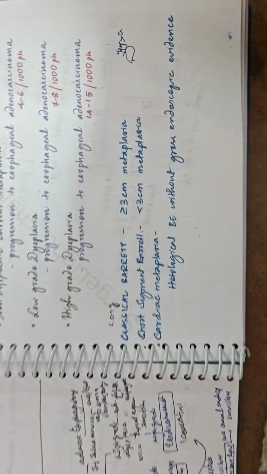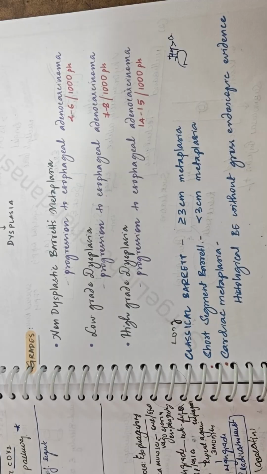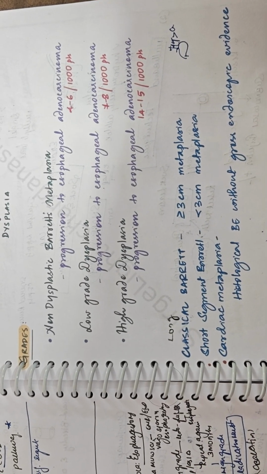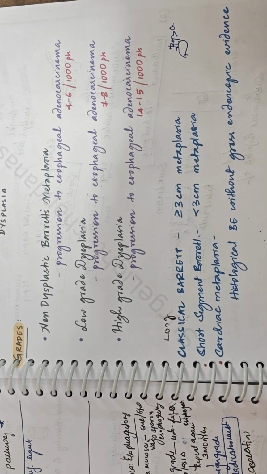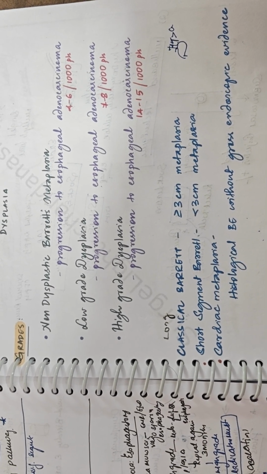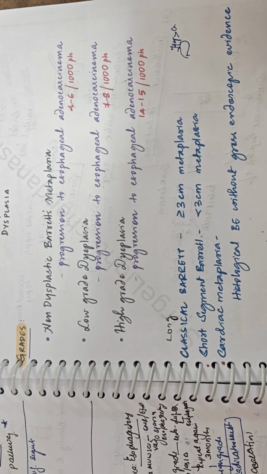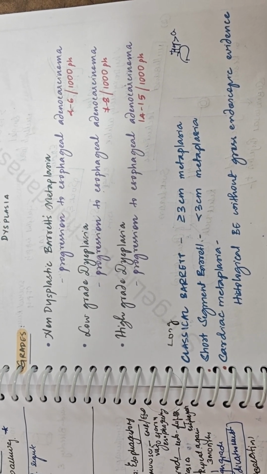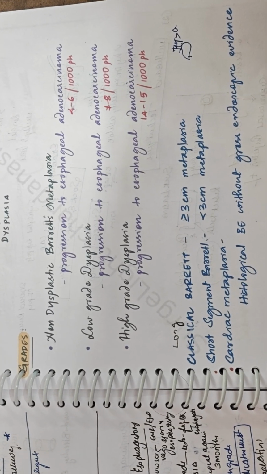Okay, the next point to cover: the non-dysplastic Barrett esophagus progression to esophageal adenocarcinoma is 4 to 6 per thousand patients. Low grade is 5 to 8. High grade dysplasia is 14 to 15.